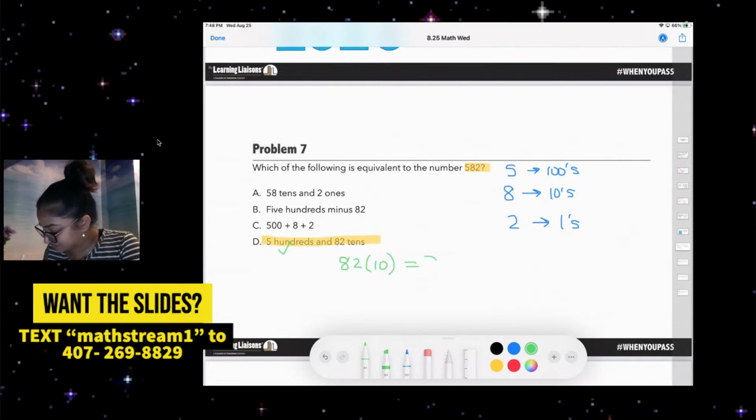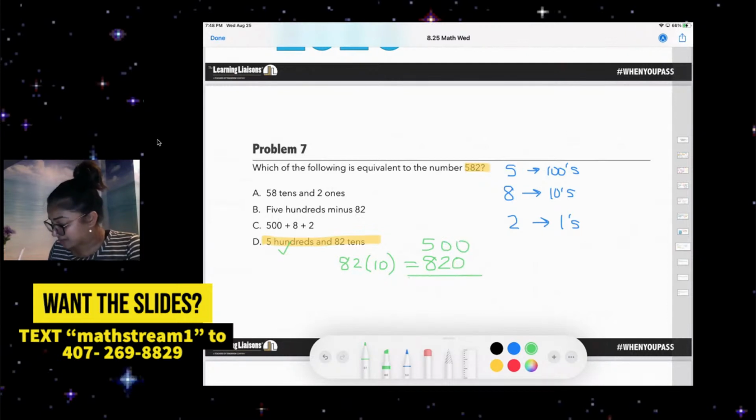That gives us 820. Remember we started with that 500s? Guys, no matter how I add this, I'm not going to get 582. That's just not right. D is not an answer choice.